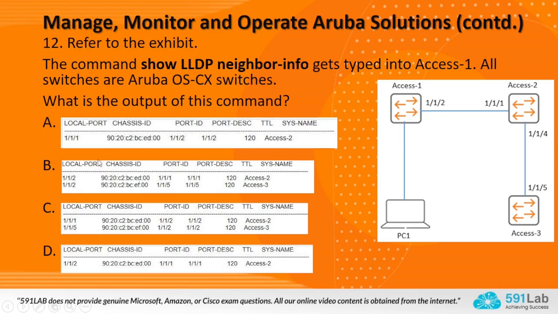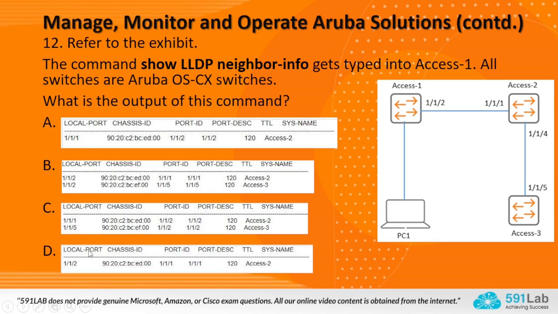Option B, access 2 and access 3 are shown, but it should not be correct because access 1 will show only the LLDP neighbor of access 2. So option B is wrong. Option C also shows access 2 and access 3, but that is wrong. Only the directly connected neighbor will be shown here.